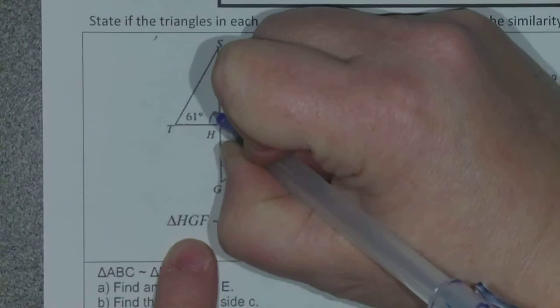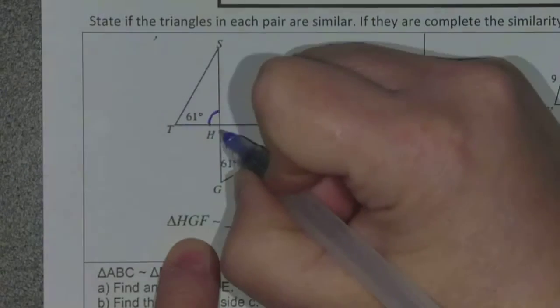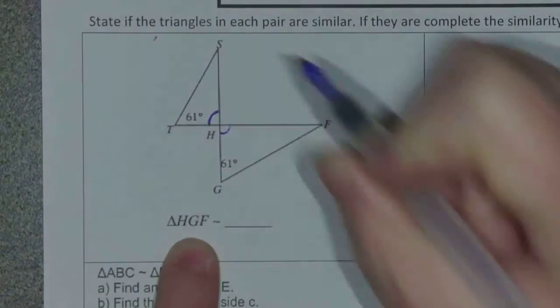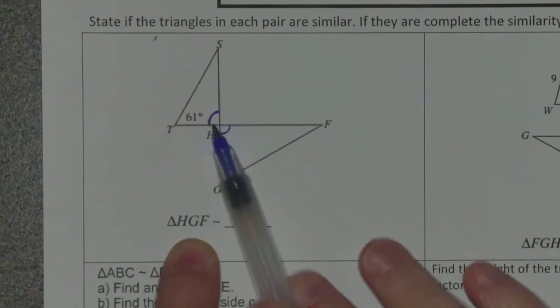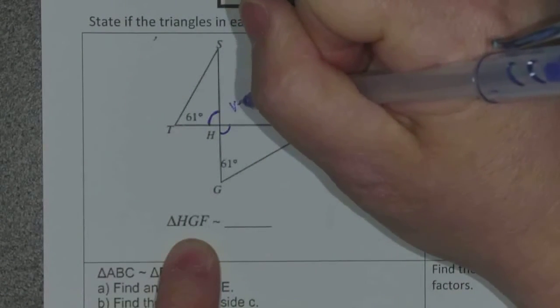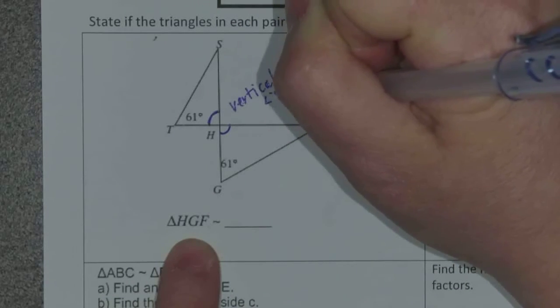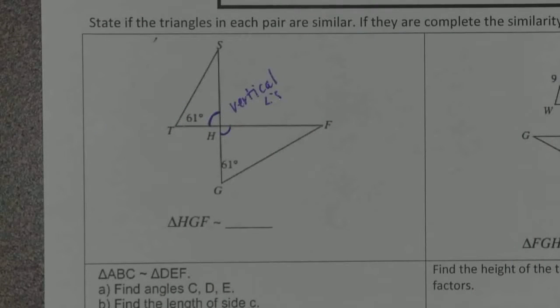So I'm going to go mark my angles that are congruent. I know that this angle right here is congruent to this angle right here. Does anybody remember the rule why those are congruent? Yeah, they're vertical angles. So I can mark them congruent to each other because vertical angles are congruent.